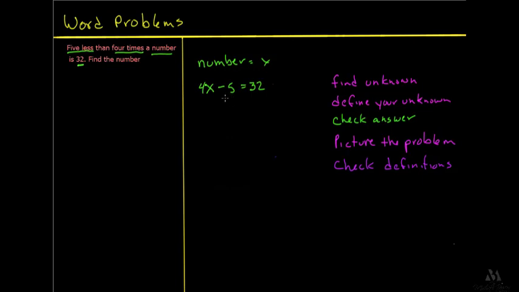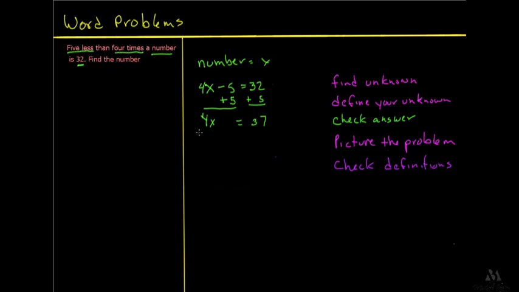Now we can solve this. We can add 5 to both sides, right? And we get 4x. 32 plus 5 is 37. So I've got 4x equals 37.